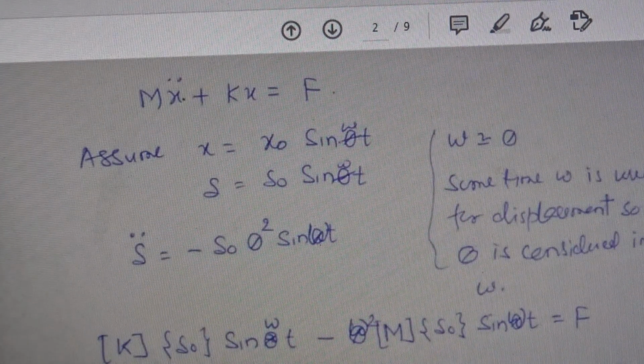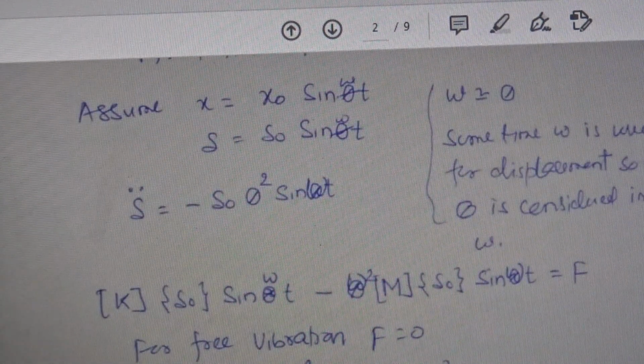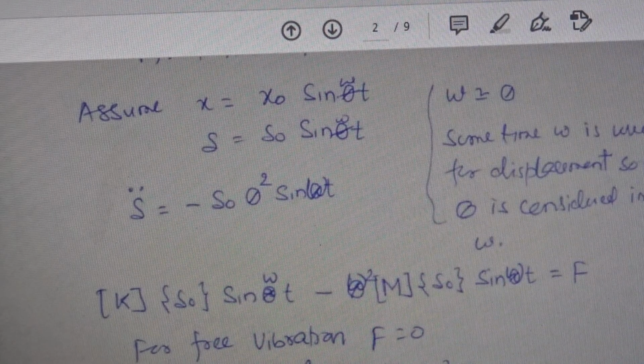Do not confuse theta with omega. The sin omega t will be cancelled. So the final equation is k minus omega square into m, into delta naught, is equal to 0.